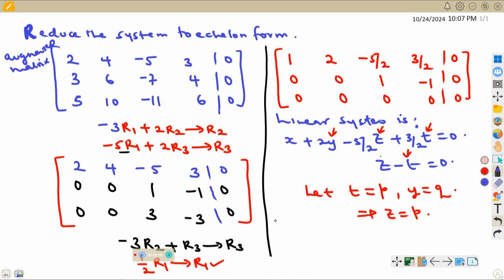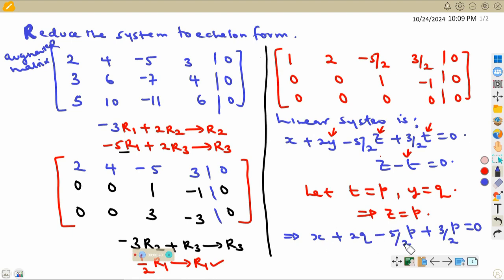So x plus y is 2q, then minus 5 by 2 of z is p, plus 3 by 2 t is p, and this will be equal to 0.